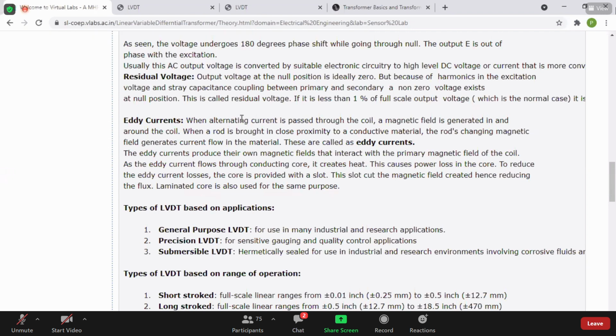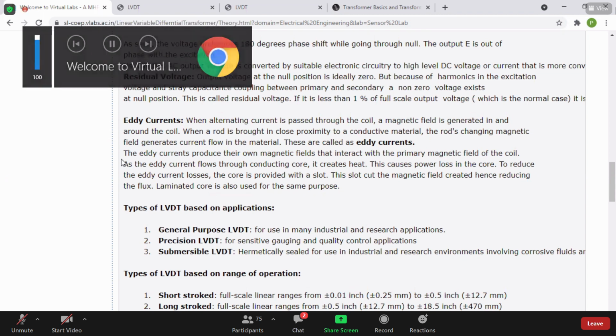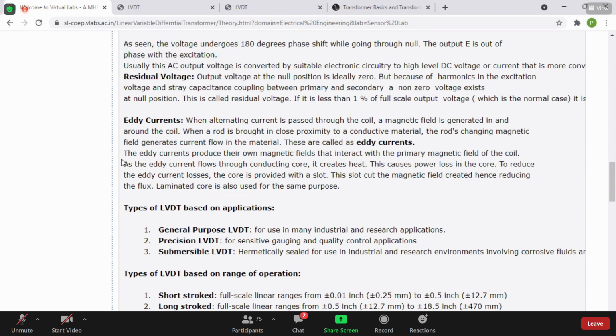When alternating current is passed through the coil, a magnetic field is generated in proximity to a conductive material. The changing magnetic field generates current flow in the material. These are called eddy currents. We are passing alternating current through the primary coil, so a magnetic field is generated around it.